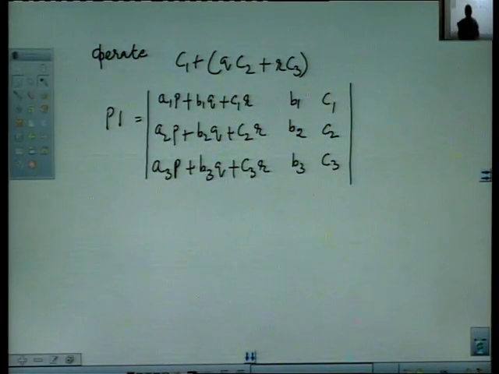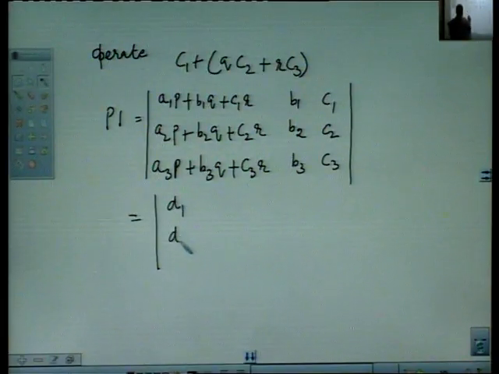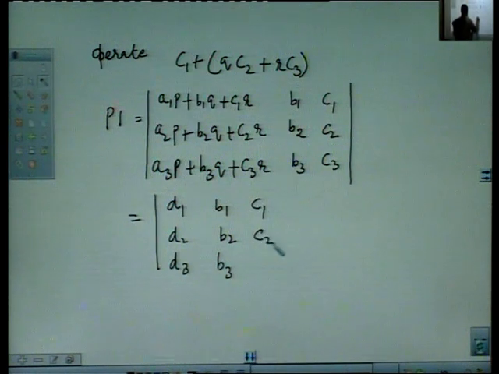It will be equal to D1, D2, D3, B1, B2, B3, C1, C2, C3.